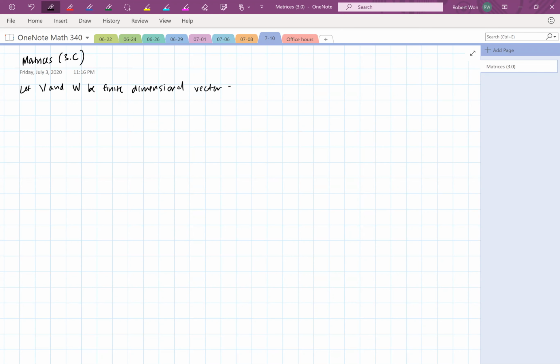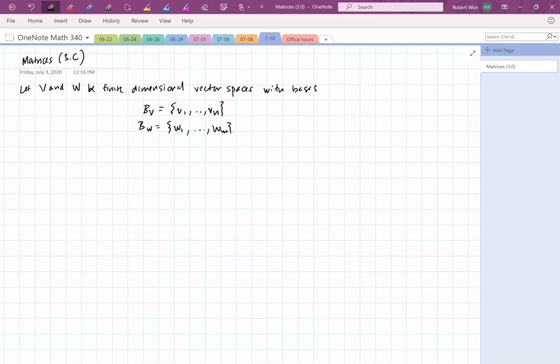And throughout, we're going to fix a basis for each one. So we'll suppose that V has basis V1 through Vn, and W has basis W1 through Wm. Okay, so these are finite dimensional vector spaces with fixed bases, but they don't necessarily need to be the same dimension as each other.